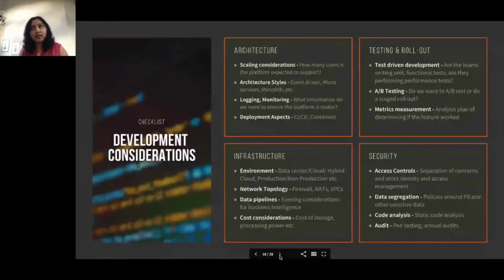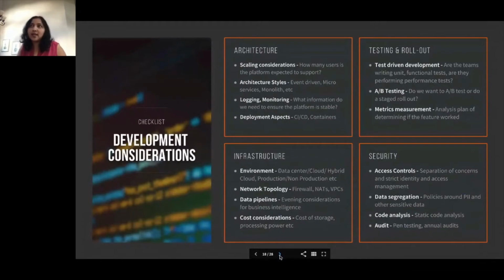We have the right access controls, we have strict identity access management. The right people have access to the right systems, and not everybody has access to everything. Data segregation, like how do I make sure that if I have multiple customers in my B2B enterprise, one customer's data is separate from the other customer's data, and there is no sharing of information without explicit consent.